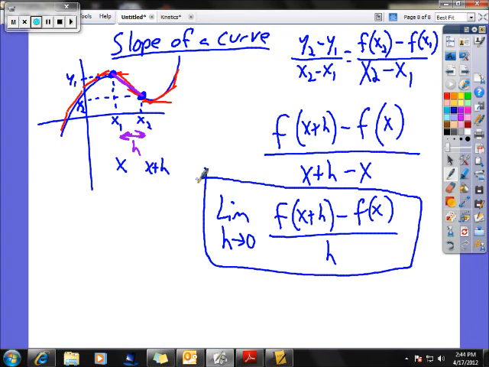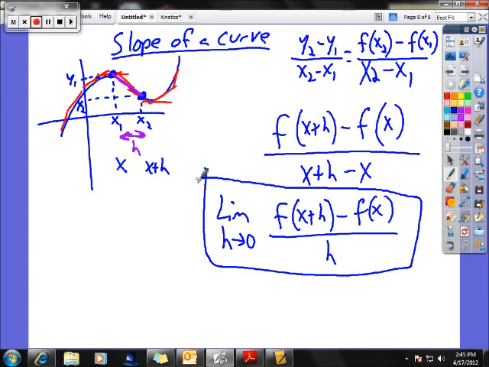If you look at this thing here in this box, it looks very mathy compared to the original slope formula you learned in Algebra 1. But what I want to stress here is that it's the same thing. The y2 minus y1 over x2 minus x1 gets the slope between two points.